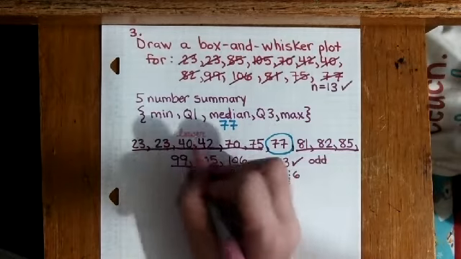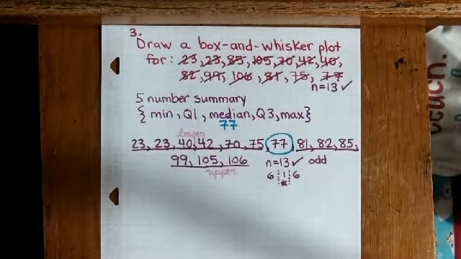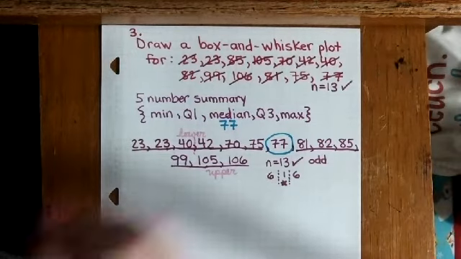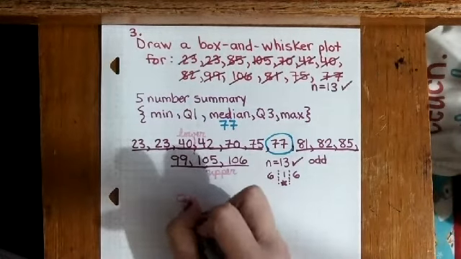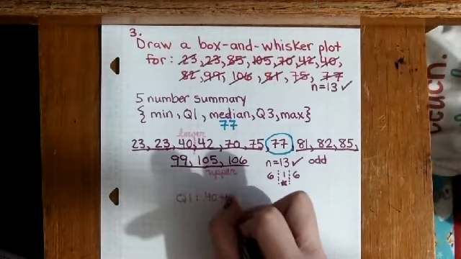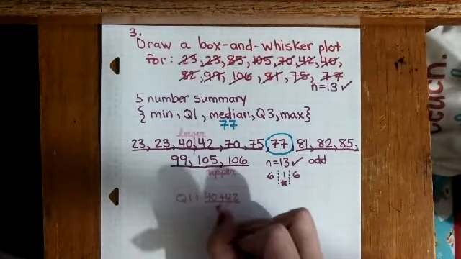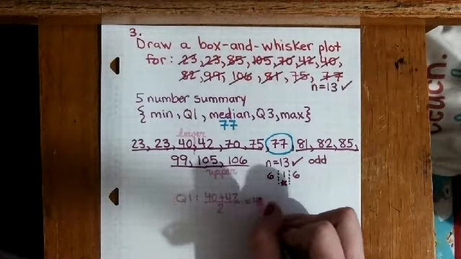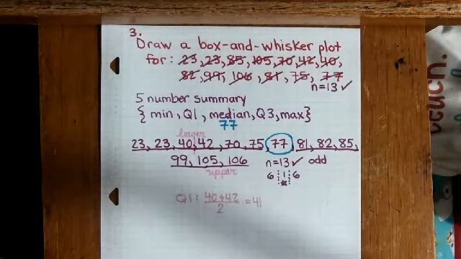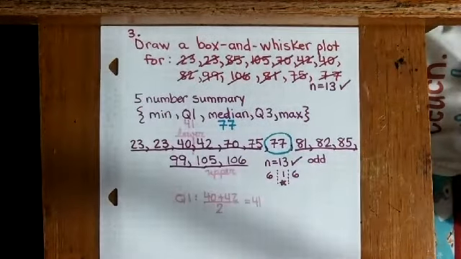So we don't have a clear middle value to cut the lower list in half. So we'll have to share: the Q1 will be the average between 40 and 42, the middle most entries, giving us 41. So our Q1 is 41.